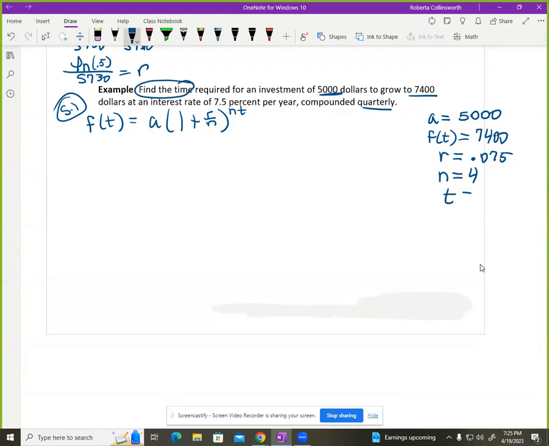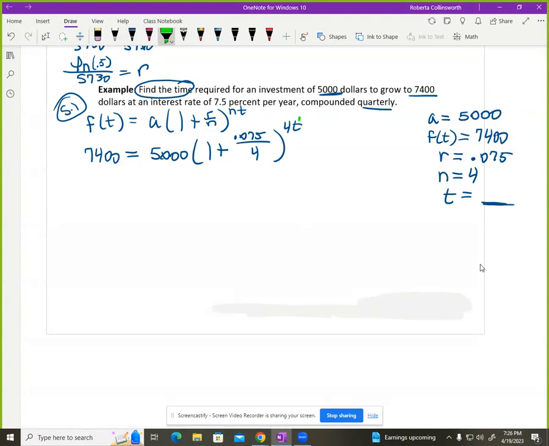So that means I want to know what that is. How long is that going to take? So I'm going to plug in all of my numbers. I have 7,400 equals 5,000 times 1 plus 0.075 over 4 raised to the 4t power.